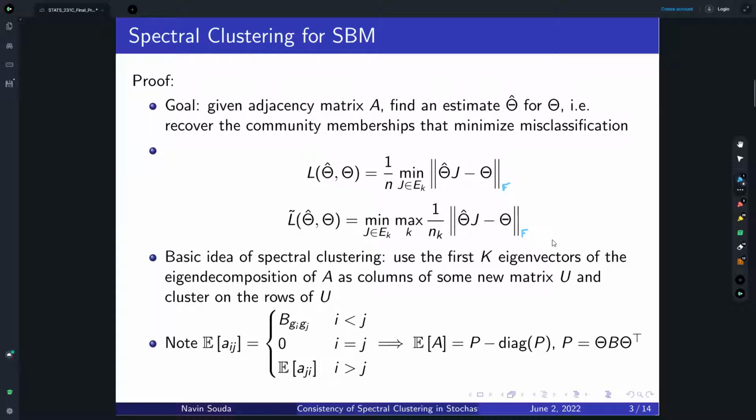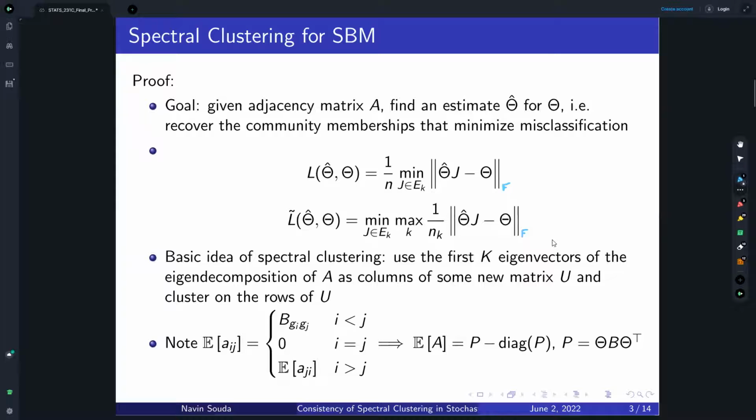The basic idea of spectral clustering is to use the first k eigenvectors of the eigendecomposition of A as columns of some new matrix U, and then we cluster on the rows of U. To give some intuition on why this works, first we can see that for each of the entries in our matrix A, the expectation of A_ij is going to be the corresponding entry in our matrix B, because it's a Bernoulli random variable, and the expectation of a Bernoulli random variable is the corresponding probability.